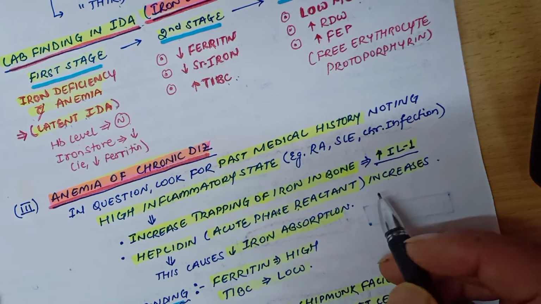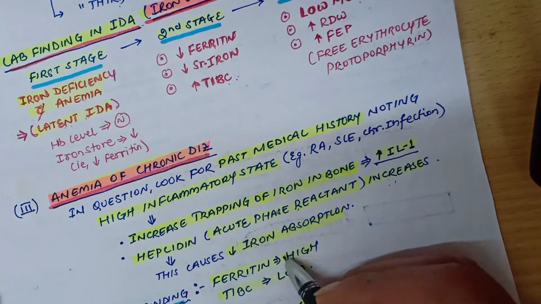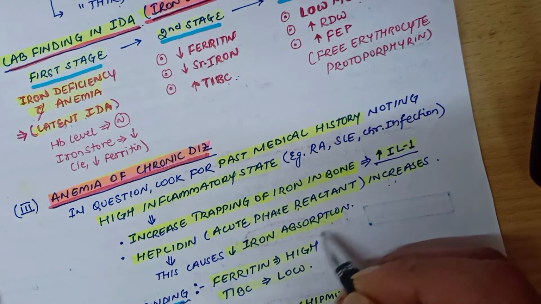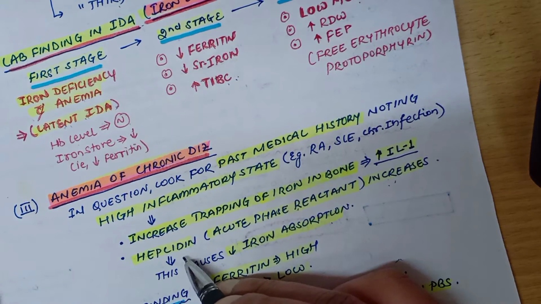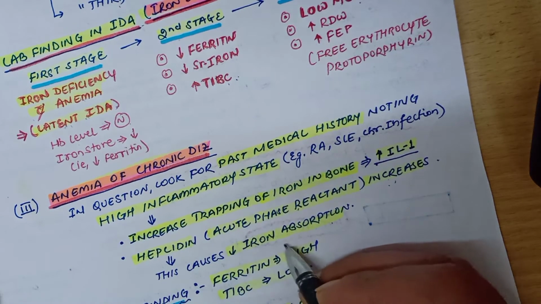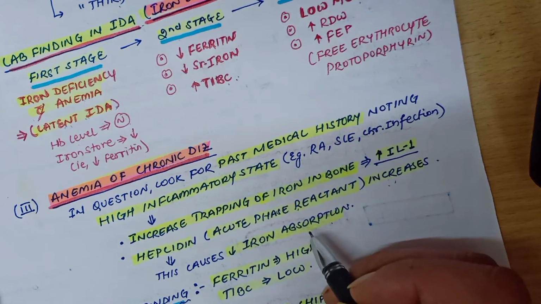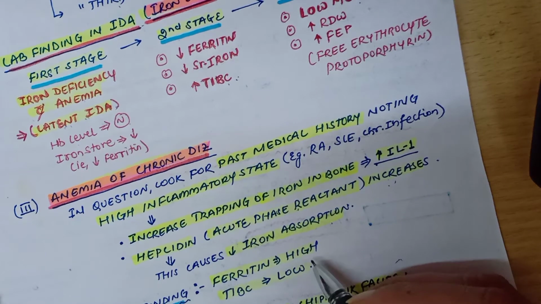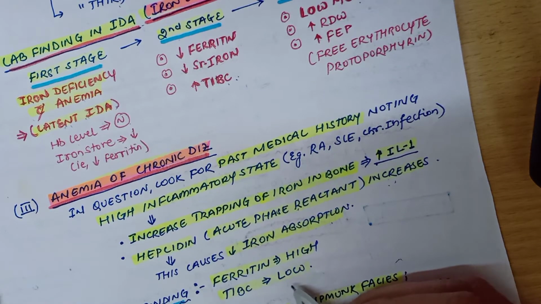So there will be increase in hepcidin, which will cause decrease in iron absorption. In lab findings of anemia of chronic disease, you will see there is high level of ferritin and low total iron binding capacity. So the ferritin level will be increased and TIBC will be decreased.